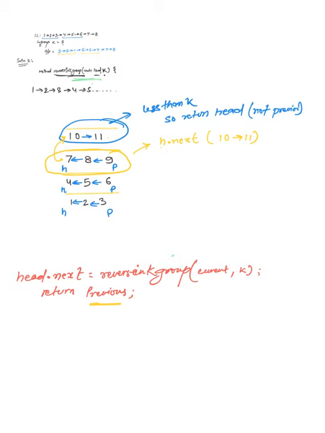So previous is coming here, so for this guy 4 dot next, what is getting returned is 9. 9 is getting connected to 4. If you see behind the scenes, 9 is connected to 8, 8 is connected to 7, 7 is connected all the way here.